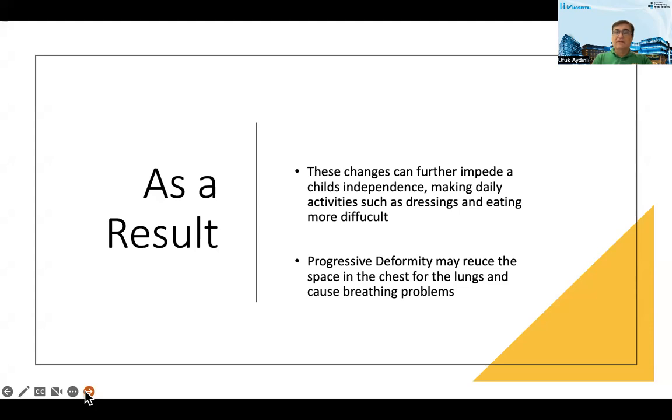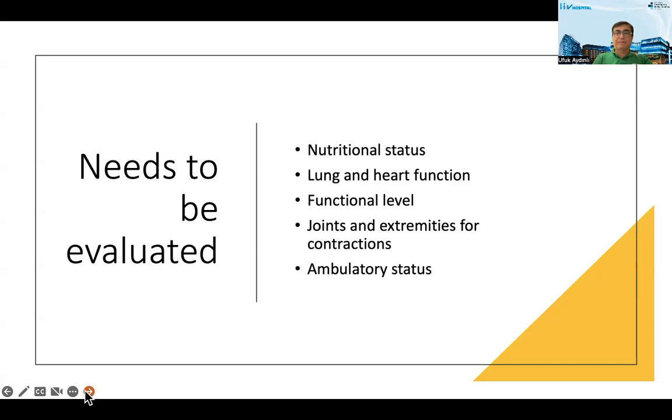As a result, these changes can further impede a child's independence, making daily activities such as dressing and eating more difficult. Progressive deformity may reduce the space in the chest for the lungs and cause breathing problems. That's why I insist on teaching the natural history of these specific diseases to pediatricians, pediatric neurologists, and physical therapy doctors.